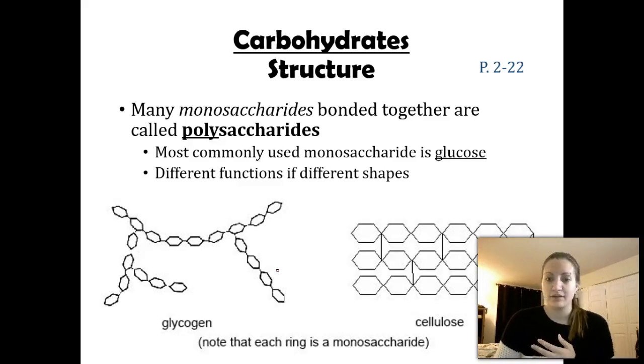So we've talked about glycogen, we've talked about cellulose, we've also talked about starch. And remember, we were talking about those when we were talking about energy storage. All of those were created with glucose, and glucose is the most commonly used monosaccharide of all of the monosaccharides.